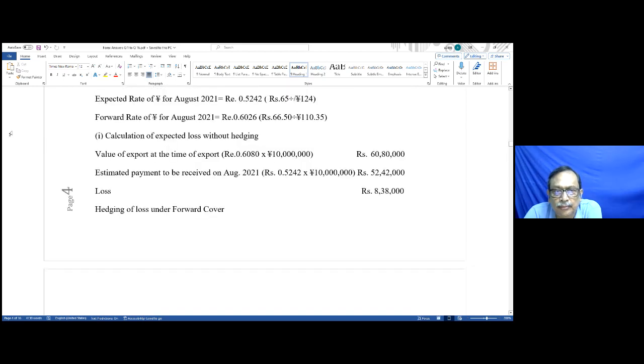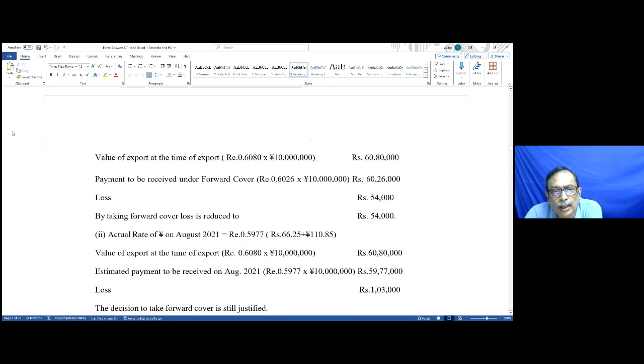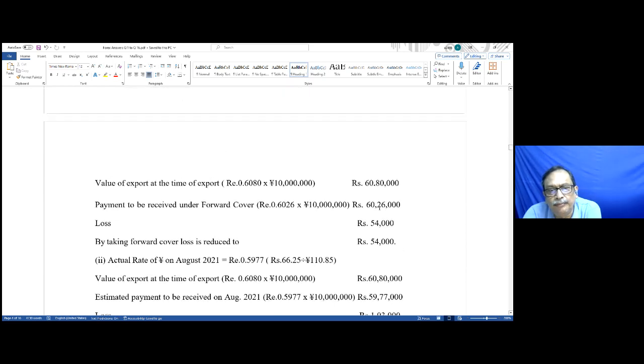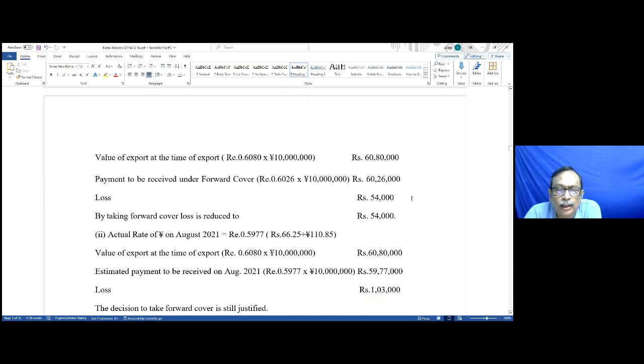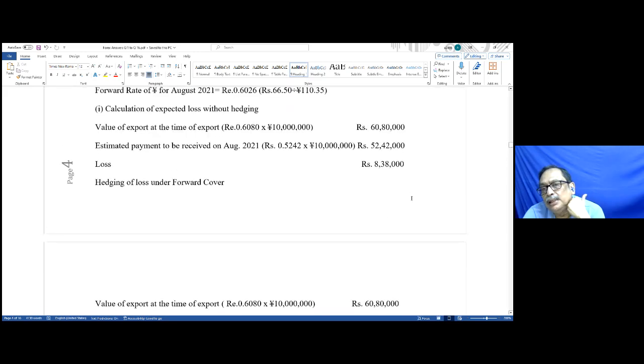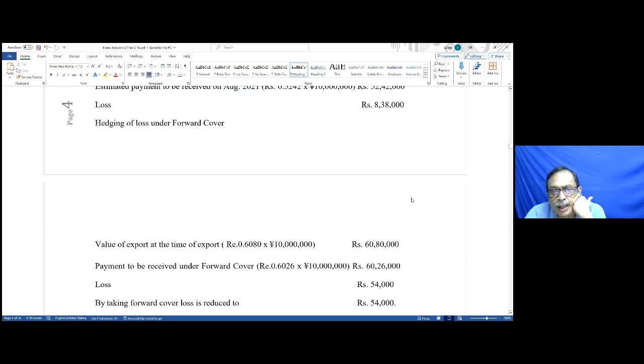Now, hedging loss under forward cover. Value of export at the time of export, total yen multiplied by the rate, that is 0.6080. It comes to 60 lakhs 80,000, as we have calculated in the first option also.